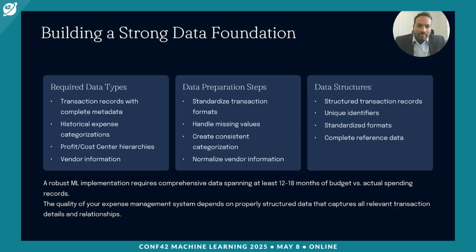Then you need to build your data structures around your transaction records with unique identifiers such as primary keys and foreign keys. And you have to have the data that is required for your organization. So if it's a financial services firm, you might need some external data as reference data. That's an example there.